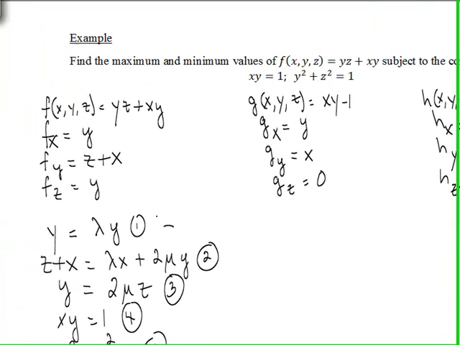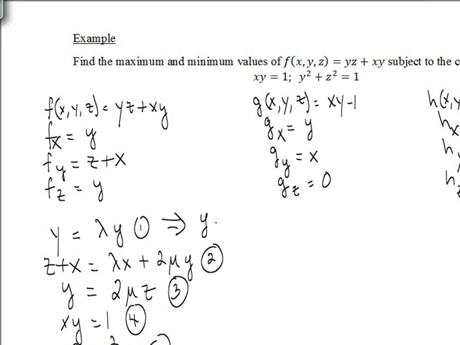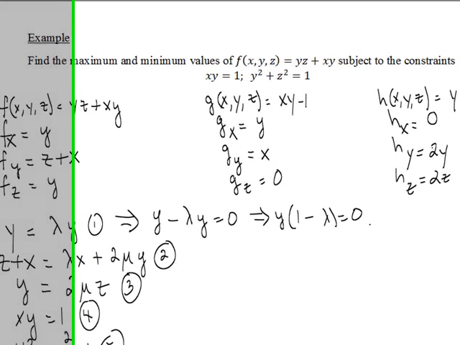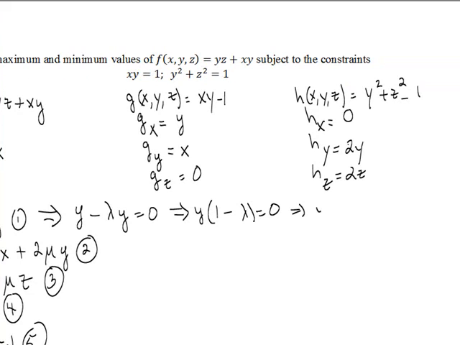Subtract. Beautiful. So y minus lambda y is 0. What does that tell you? What do I do now? Factor out the y. 1 minus lambda equals 0. So y is 0 or lambda is 1. But one of these does not make sense.